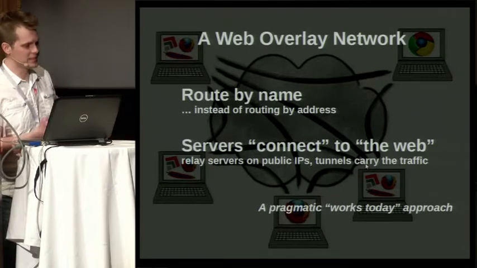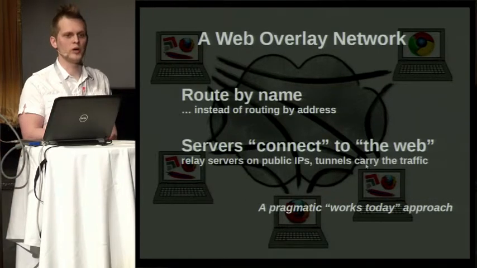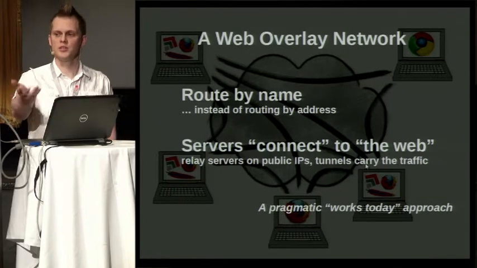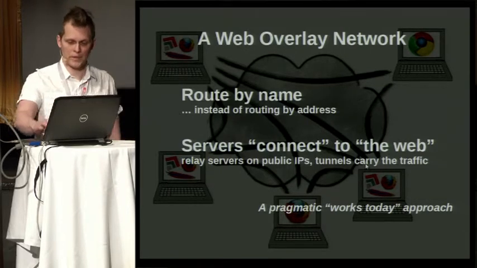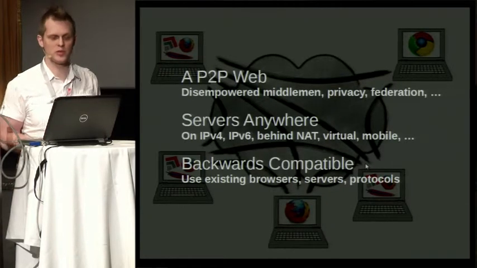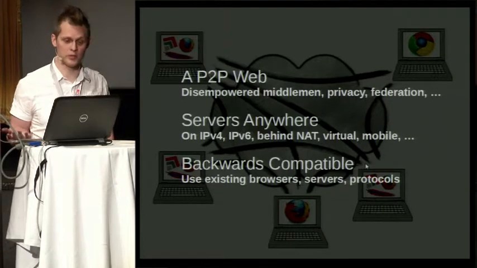So what PageKite does, it creates this network. It allows you to create a server somewhere that reaches out to the overlay network and says, this is my name, send me all of my traffic. So this works today, and it has benefits. It means you suddenly have a peer-to-peer architecture for the web, because a web server can run anywhere.